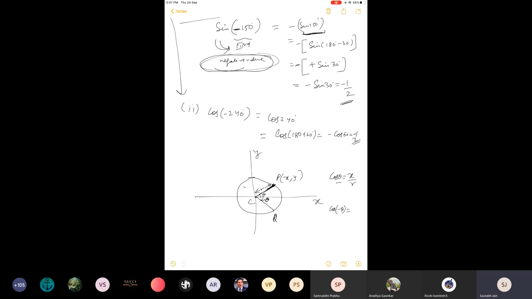Is there anything missing that you need to write cos of this angle by the definition? So it'll be x by r only. Can you tell me why? Because the x coordinate is positive only. X is positive, that is fine. But do you have the coordinates of Q?